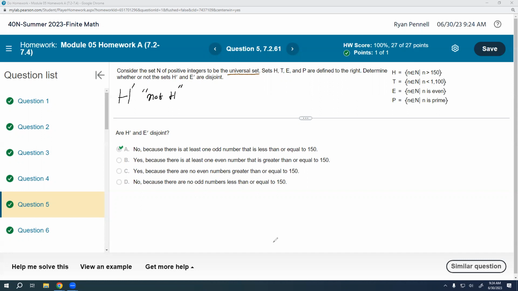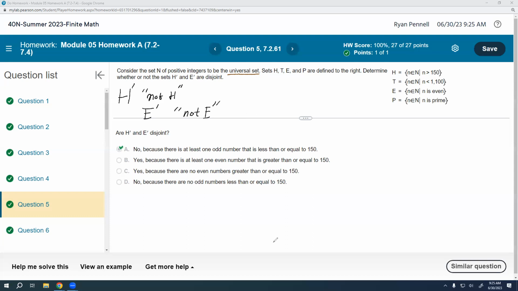We call that not H. So everything outside of H is what we're talking about here. And that would be the same thing with this E complement. This is not E. Everything that's outside of E. Okay. All right.